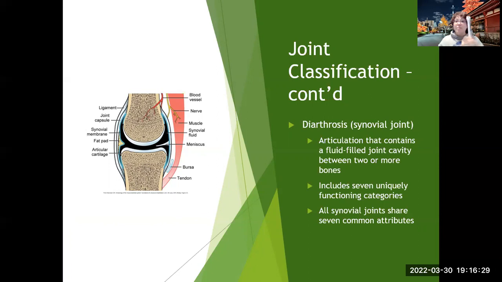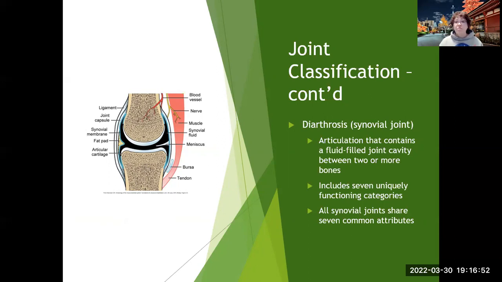It is surrounded by that synovial capsule filled with fluid, and there are 7 uniquely functioning categories of synovial joints. So the knee joint, the tibiofemoral joint, is a condyloid joint.